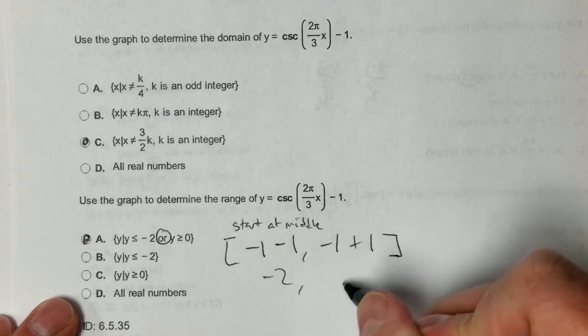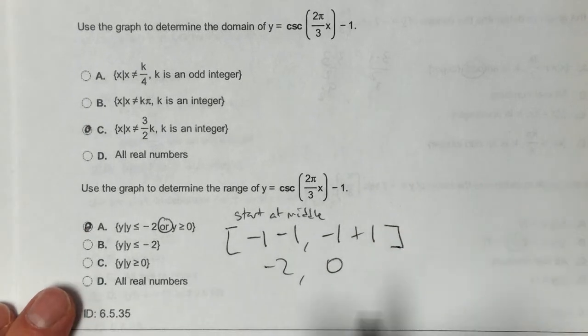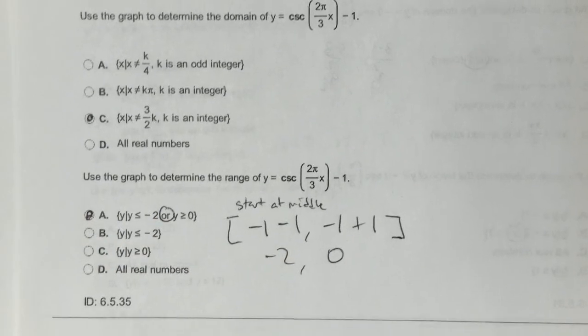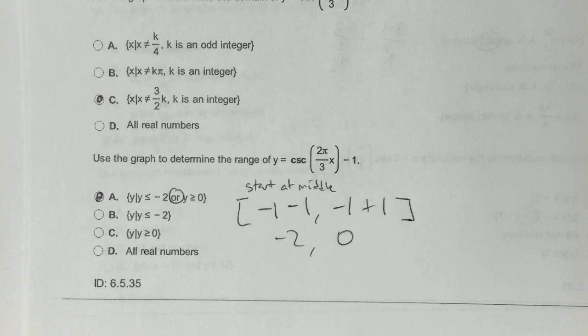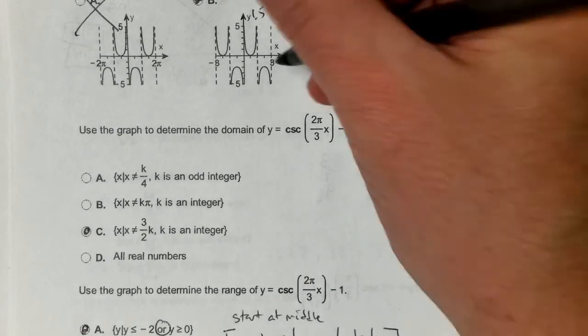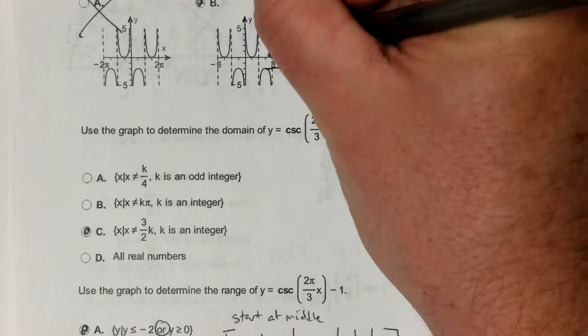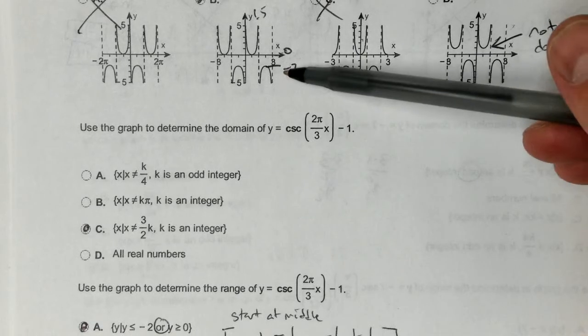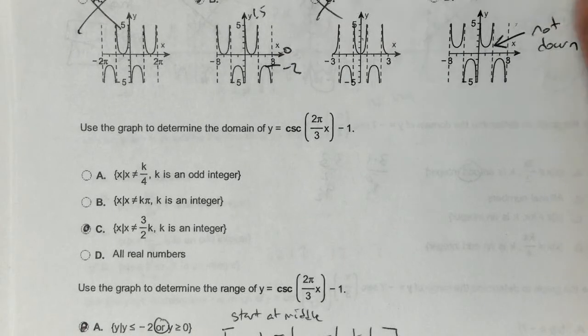So that gives you -2, 0. So there's your -2 and there's your 0. And you can see it up here too. -2 would be these, and 0 would be these. So anything below -2 or above 0.